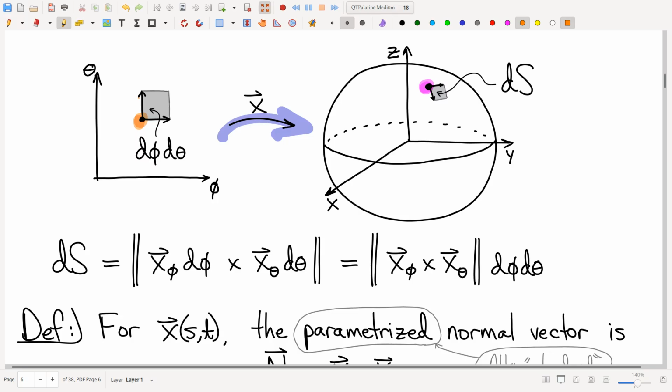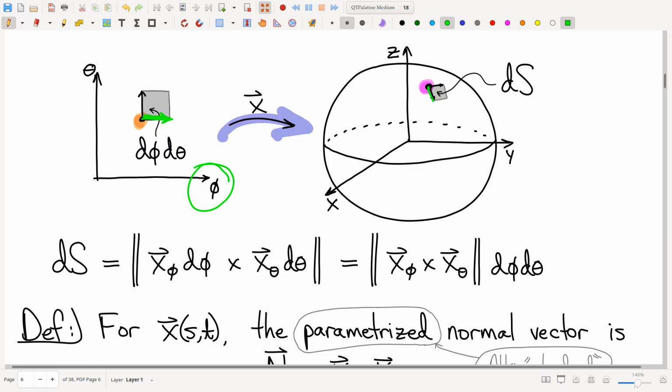Okay, so this is a parameterization. We've got x, y, and z as functions of phi and theta. And here's the thing. If you were to start moving in the phi direction, I can tell you exactly what happens on your surface.